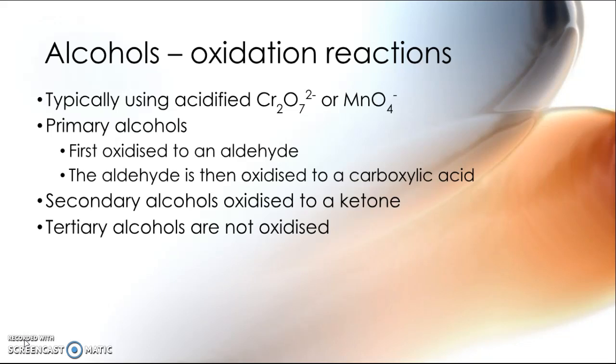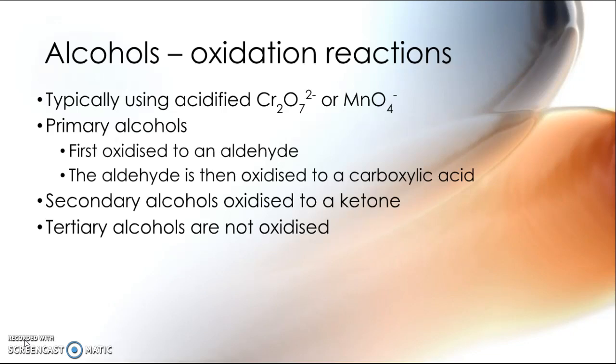Where things start to differ is primary alcohols can be oxidized first to form aldehydes, and then the aldehyde is further oxidized to form a carboxylic acid. At level 2, this is pretty much taught as primary alcohols form carboxylic acids. At level 3, you need to be aware of those intermediate steps.